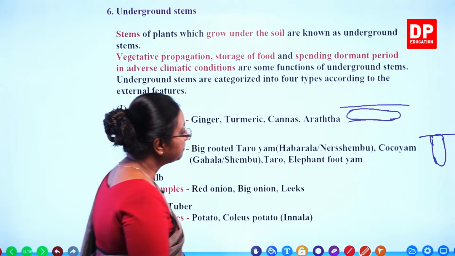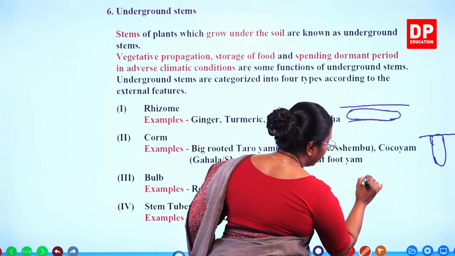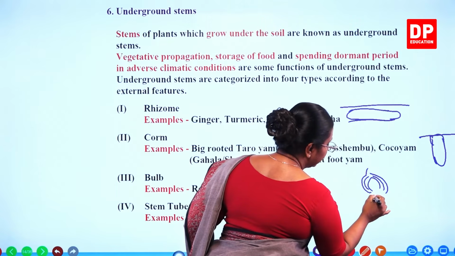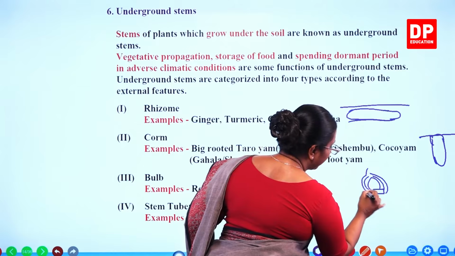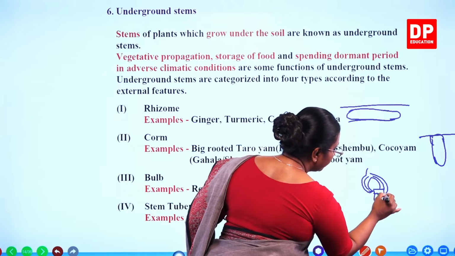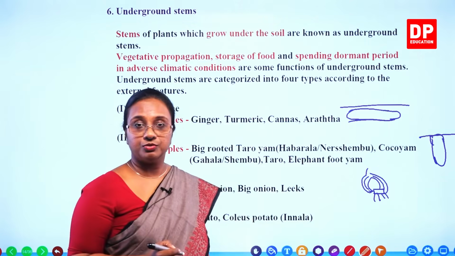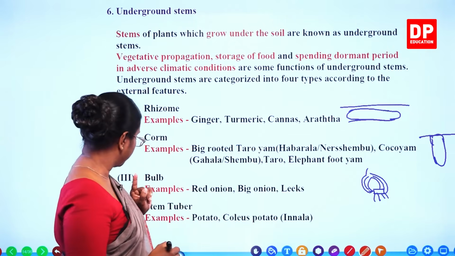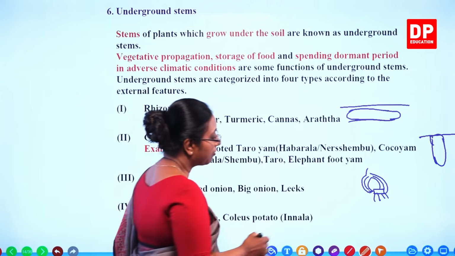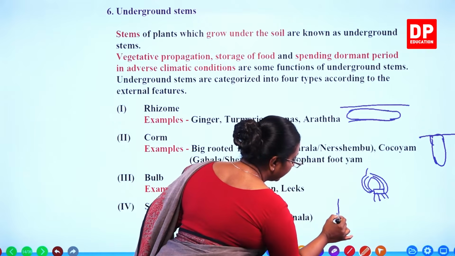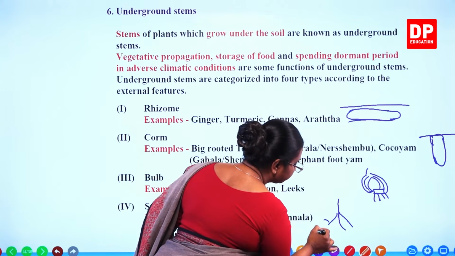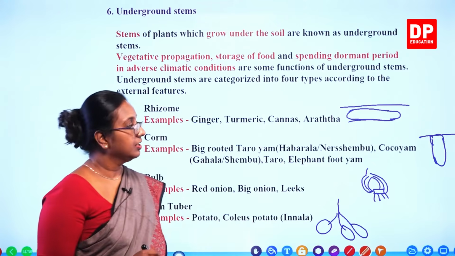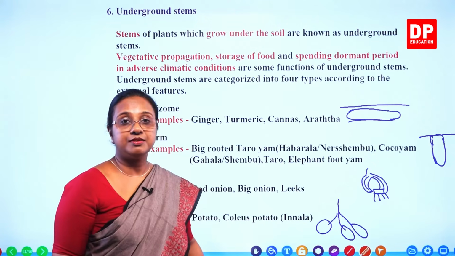Then if you take the bulb, you would have seen in onions, these are actually the fleshy scaly leaves, and we have this part, and from here you would have seen the growth of the roots. So that is the bulb structure. Then stem tuber, of course, potato: at the end of the stem under the ground there is food storage like that. So this is the structural difference.